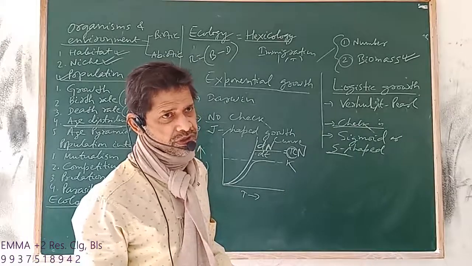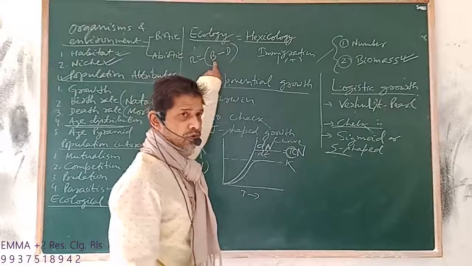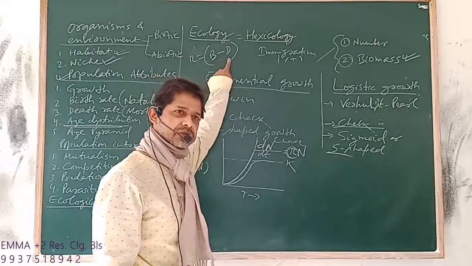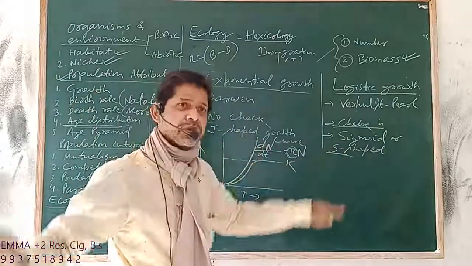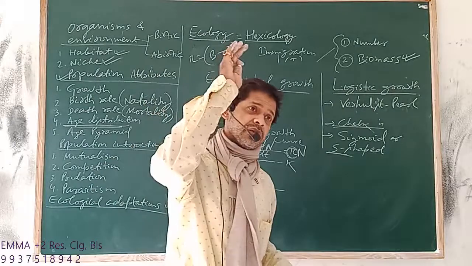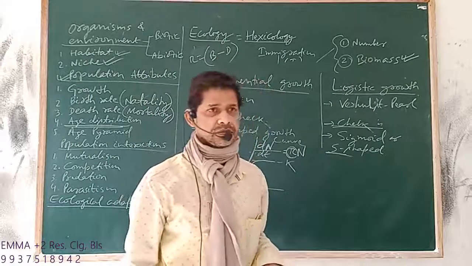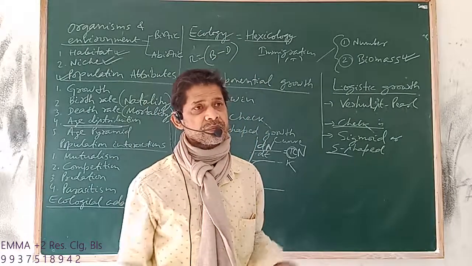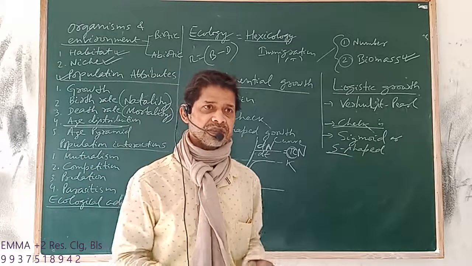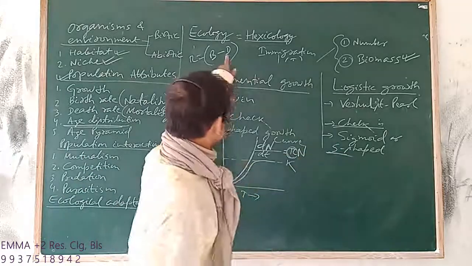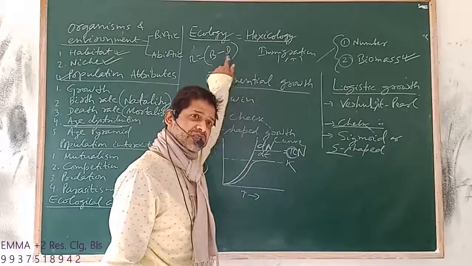Suppose in a population birth is more, death is less. You consider population growth of Indians during or before independence. At that time, British rulers, they are torturing Indians. So death rate of Indians more, birth rate less.